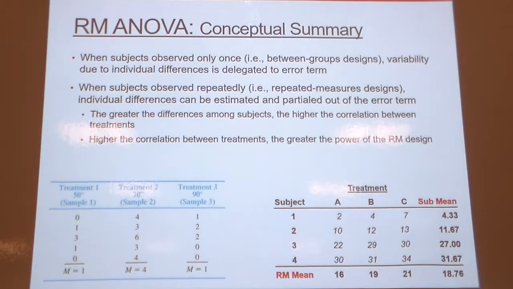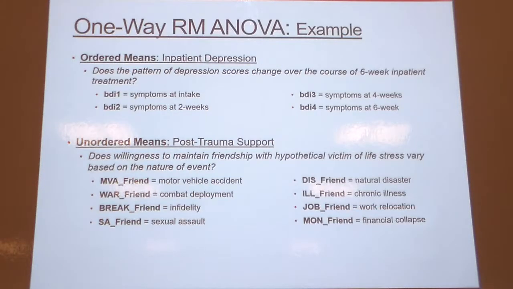Okay, so again, this is the whole reason behind doing this. I said it last semester, I'll say it again. If you can incorporate repeated measures designs into your studies, you're going to be in good shape. So, a couple of examples we're going to go through. A little bit different.